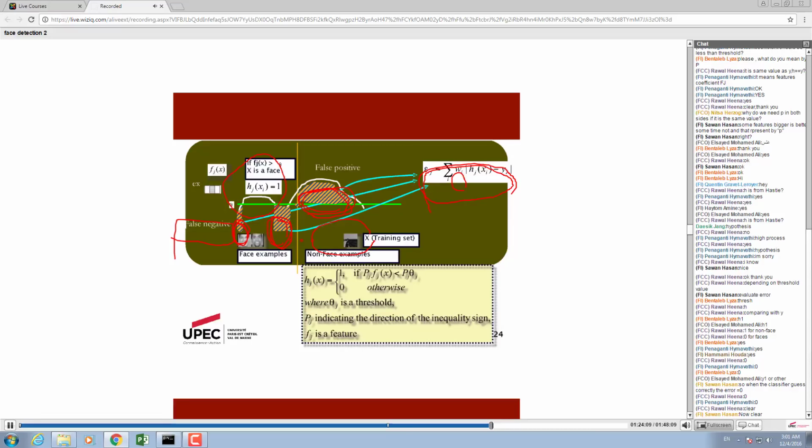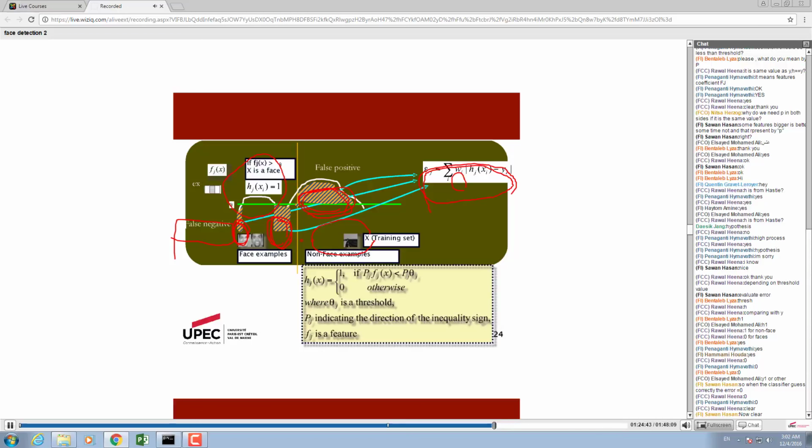Is that clear? Okay, so this is how we calculate error EJ. To calculate the error EJ of every weak classifier HJ, we have to iterate over all the samples. We have to calculate the feature for all the samples. Then we can accumulate the error weight. Then we have EJ.